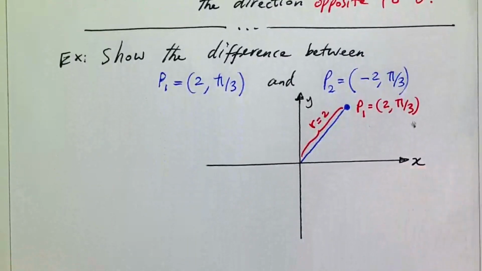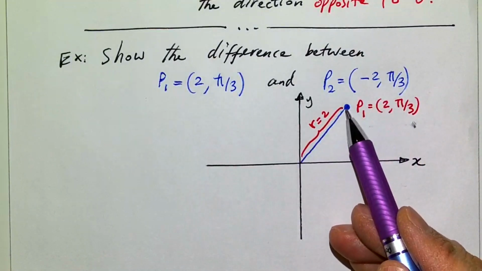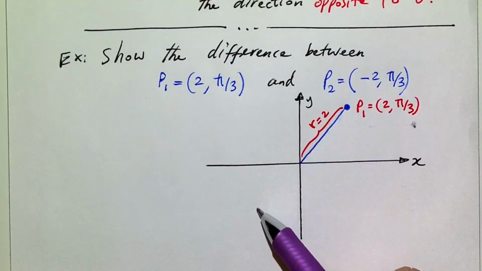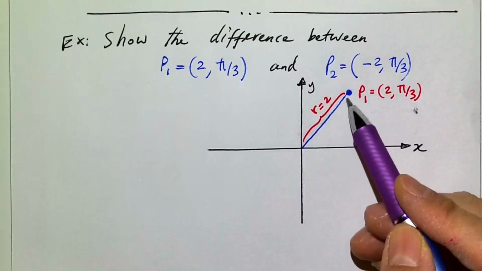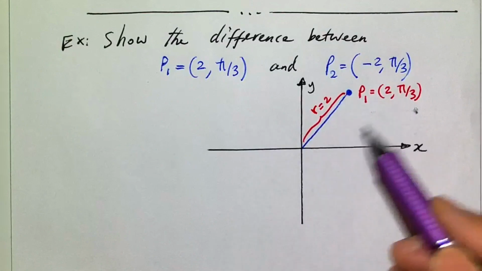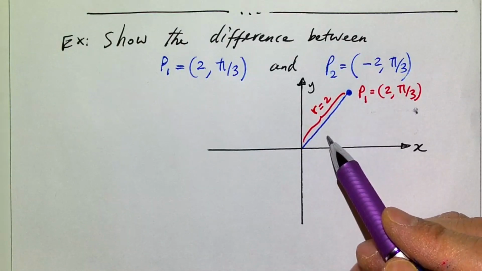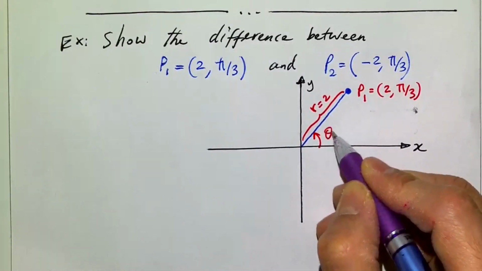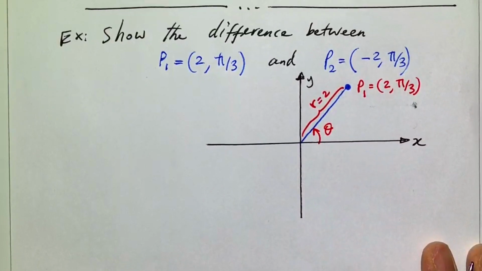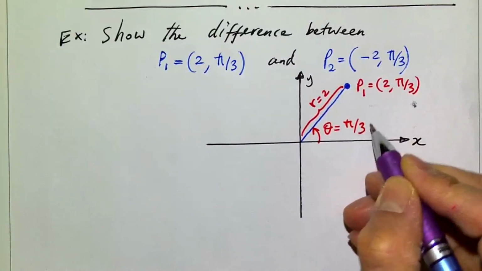Now, for this P2, all this description is saying is that when r is negative, then what you would get with r being positive, now it would be on the opposite side, or pi, in a pi angle from that point. That would make it opposite to this theta, right? So if this is theta, equals, in this case, pi over 3.